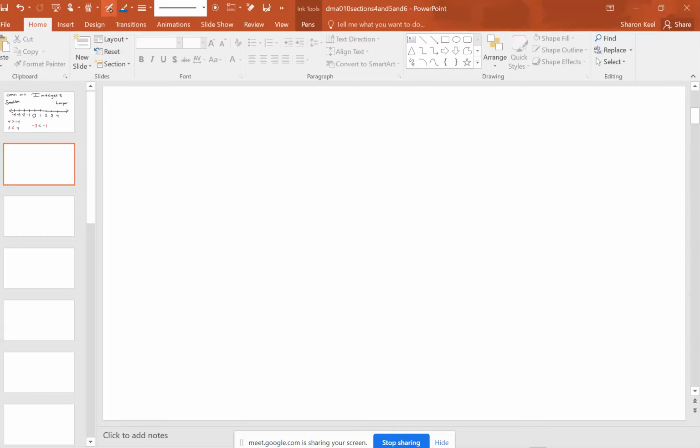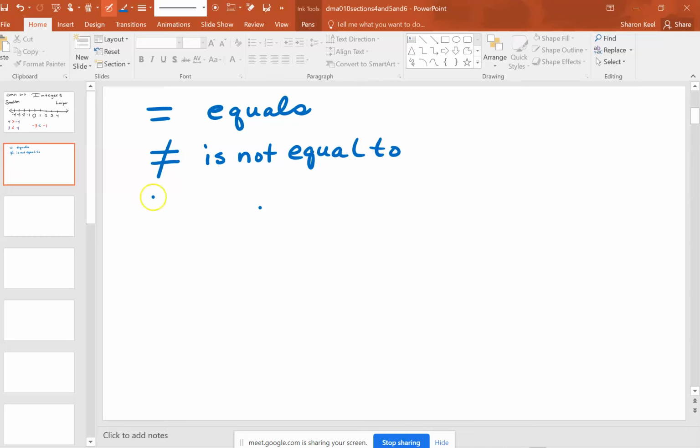So let me jot these down. This symbol is your equals, meaning two items are the same. If you have an equals with a line through it, that's going to be is not equal to. This would be greater than.